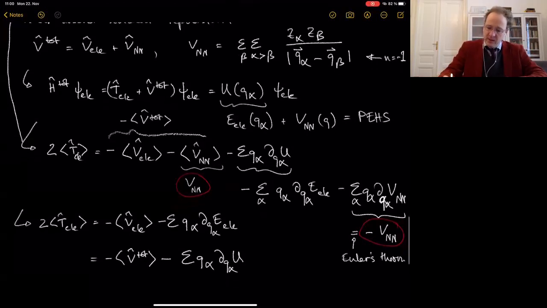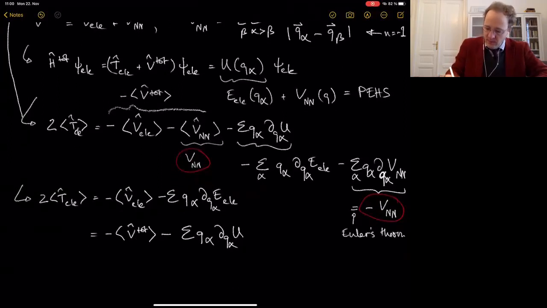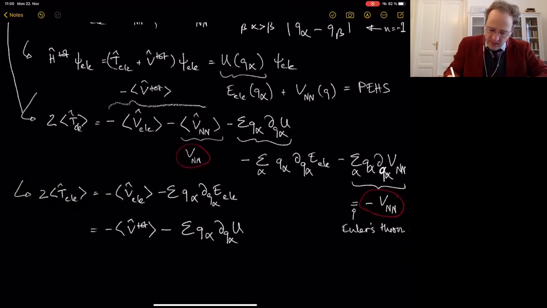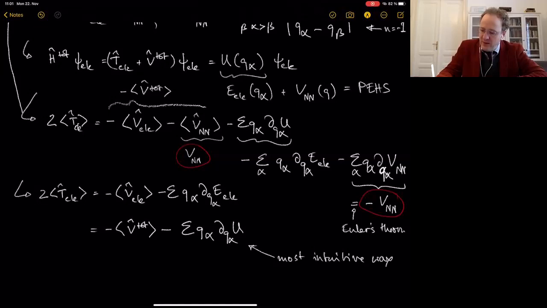Okay. Now, the second version is maybe more intuitive, right? Because this is really the potential energy surface, this U, right? So this is the most intuitive way, right?